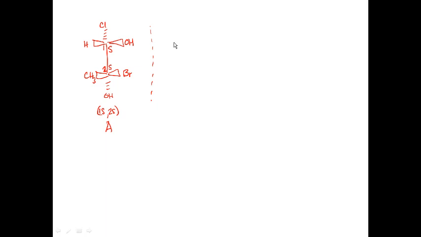So let's draw my Fischer projection. I'm going to draw it in the bow tie structure. Let's draw the mirror image of A, and we'll call that B. So if I look at the top carbon, my OH is going to be here, my H is going to be here, and my Cl is going to be there. Right? I've written the mirror image of the top carbon. Now write the mirror image of the bottom carbon. If you want, stop the tape, write it.